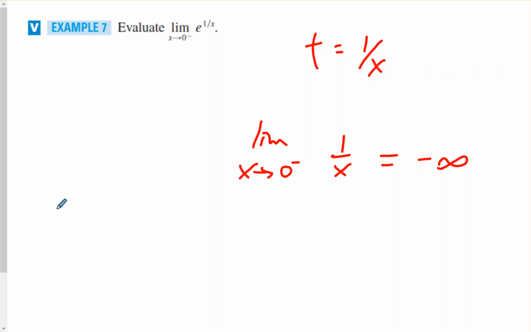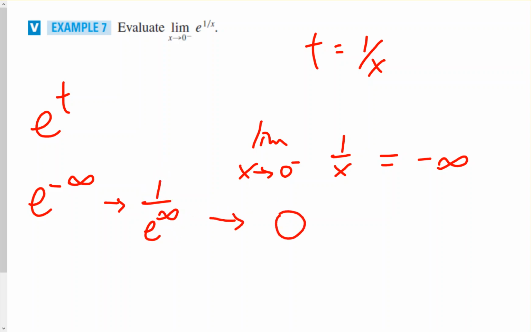If we have t going to negative infinity and we have e to the t, we could rewrite that as 1 over e to the positive infinity. That's going to get really, really large, right? So we have 1 over something really, really large. The limit for that will just turn to 0.